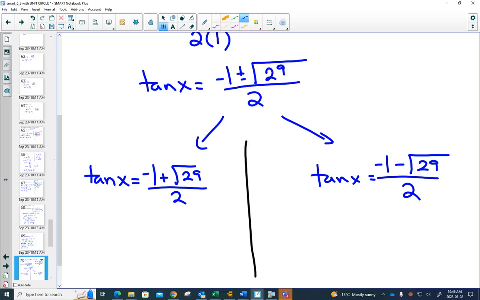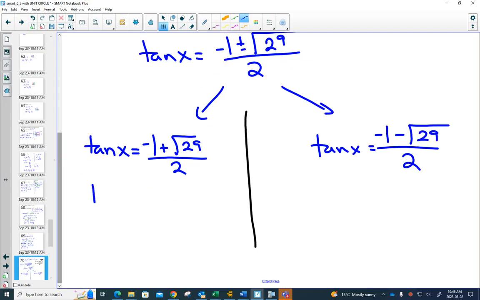First of all, you might want to take tan of x here and just change this to a decimal. This is good practice for your calculator. Make sure that you can type this into your calculator correctly.